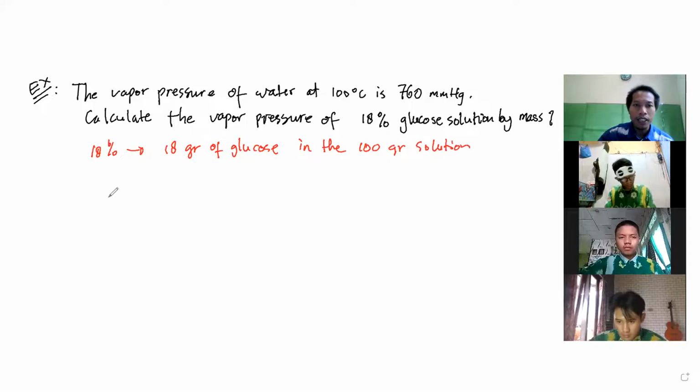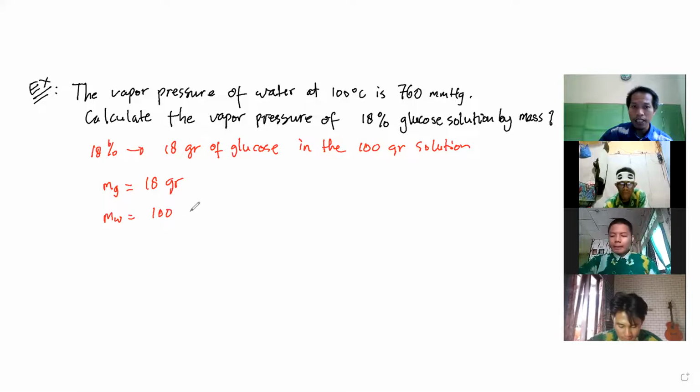So from here, I get the mass of glucose is 18 gram, and the mass of water, I can calculate 100, the mass of solution, minus 18, I'll get 82 gram of water.